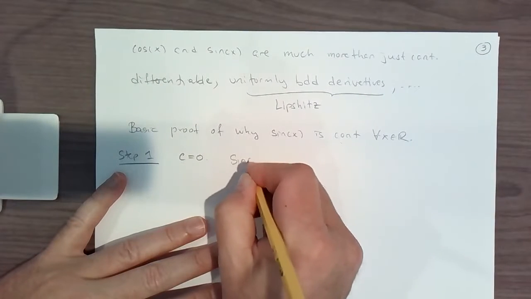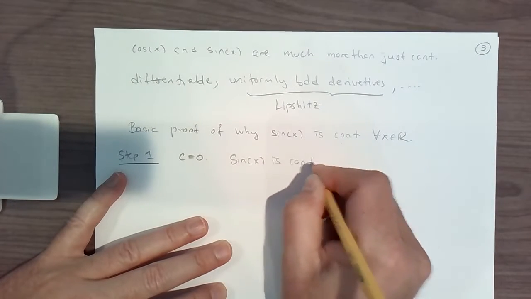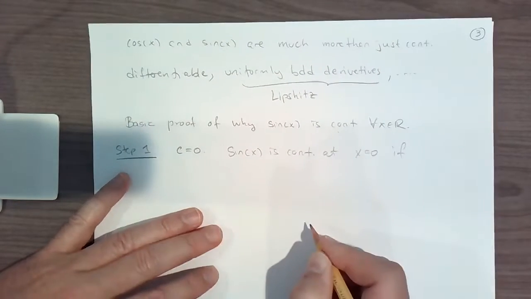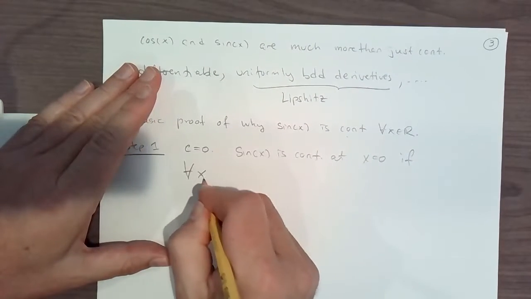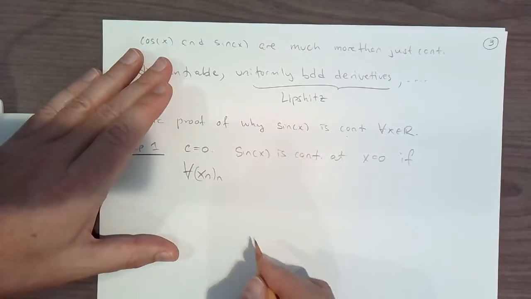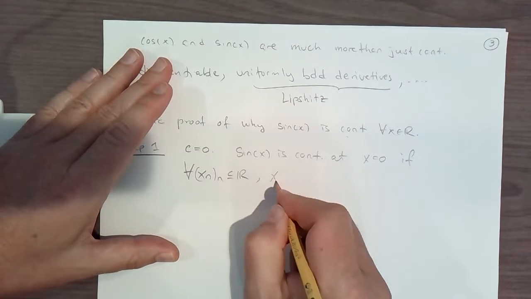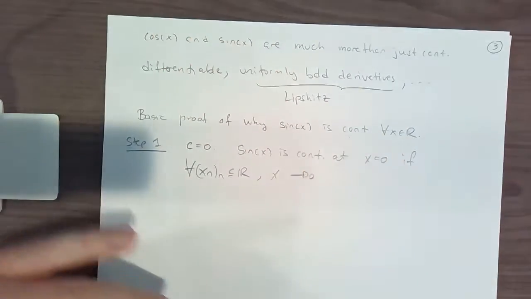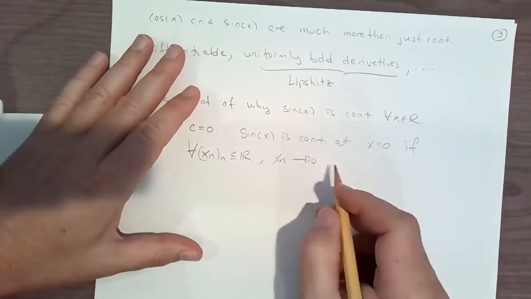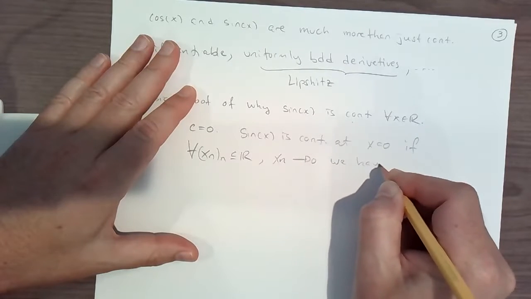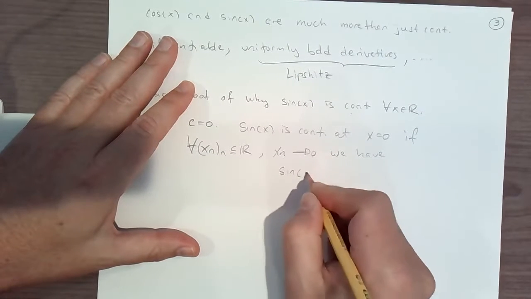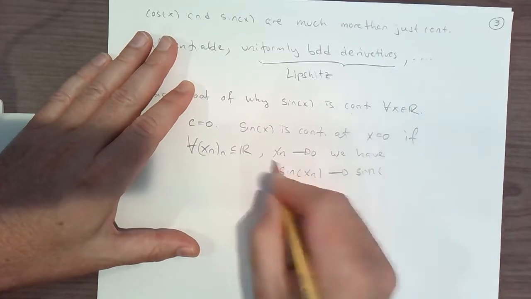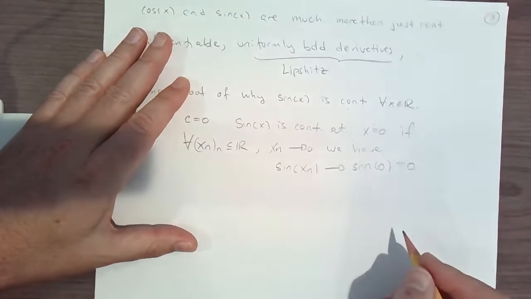So sine x is continuous at x equal to 0 if for any sequence of points that converge to 0, we will have that sine of these points converges to sine at 0, which is 0.